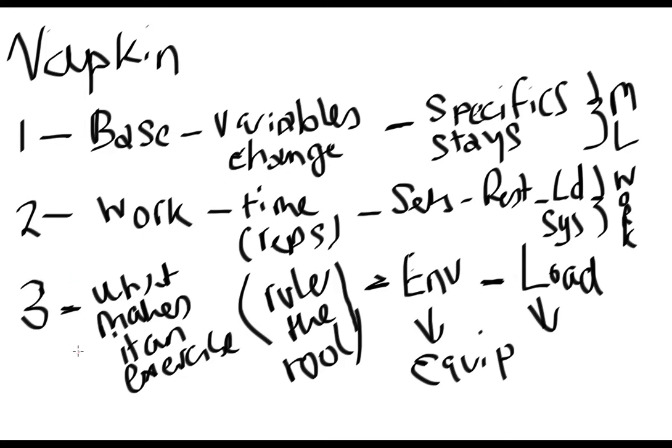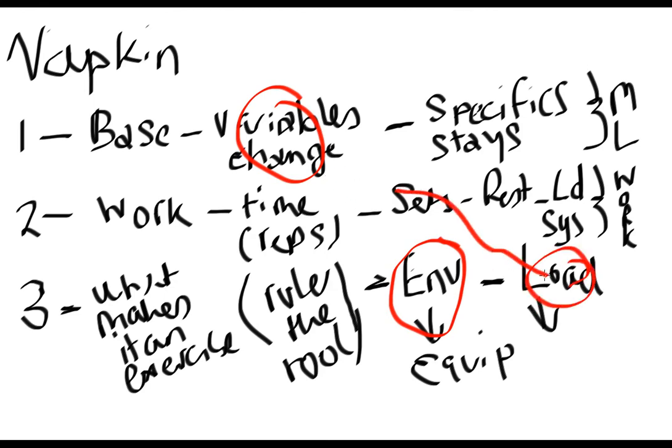And so it might be that I want to use an environment tool to change the variables, or I want to use a load tool to change the variables, or I want to use the load tool to make it possible to get in the time, or to make the time difficult enough to get things to happen.